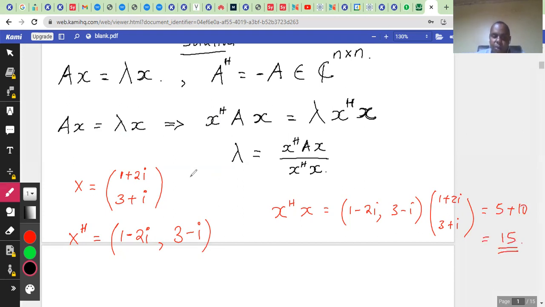So in short, I was using this example to show you that if you take x^H multiplied by x, you will always get a real number for your answer. Okay, let me quickly write this example.